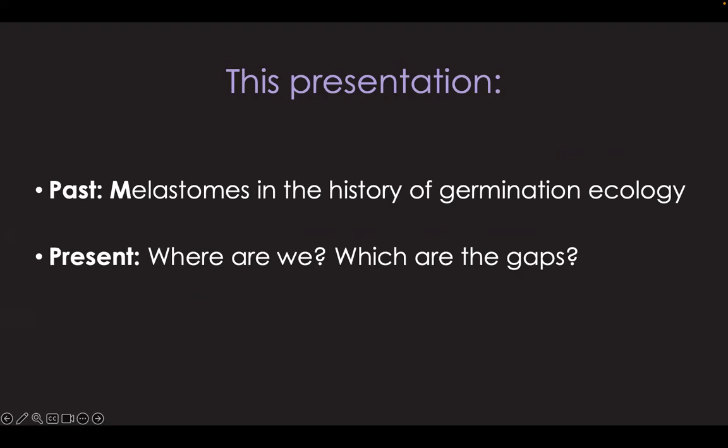And knowing the state of the art of seed germination ecology in Melastomataceae, we propose some research avenues that we should start to follow if we want to fill all these gaps that we identified in our review.